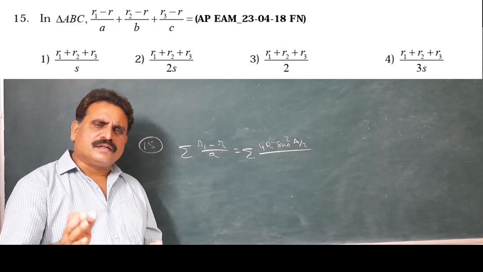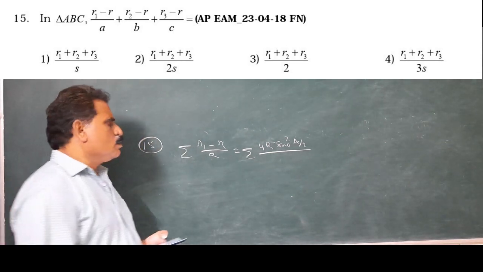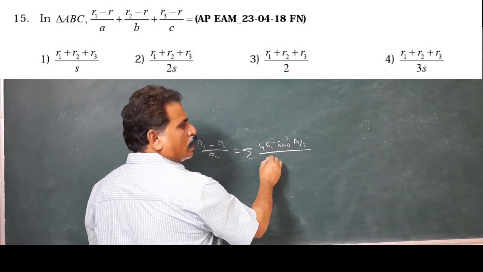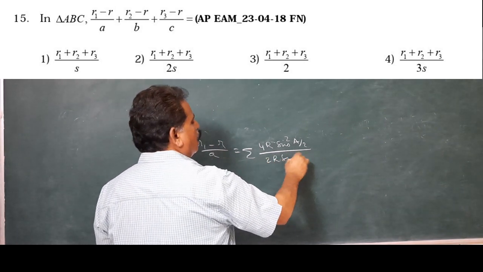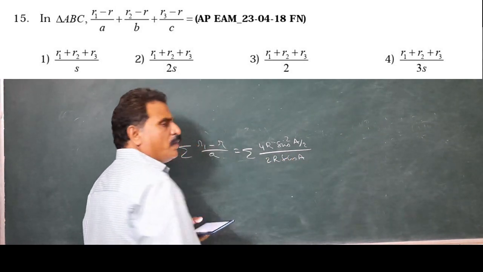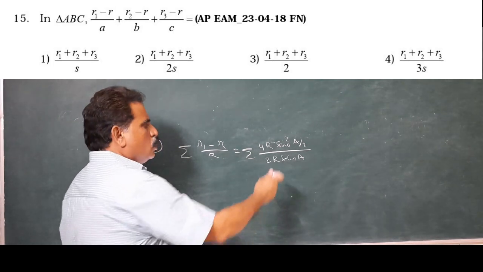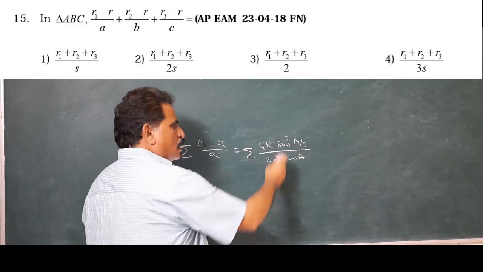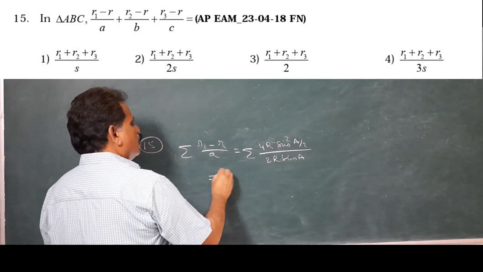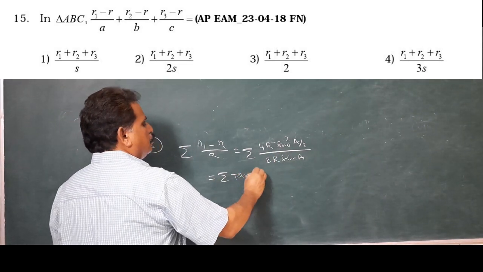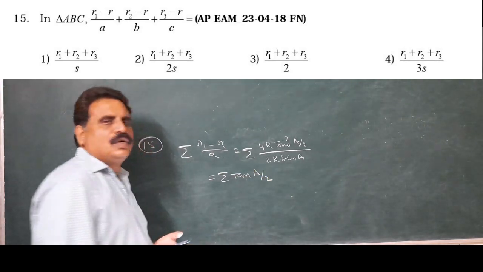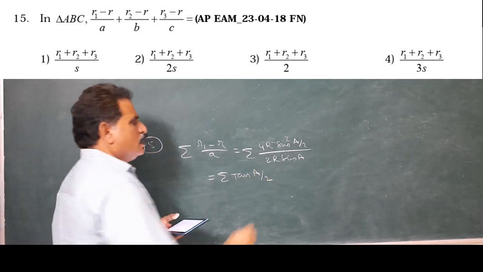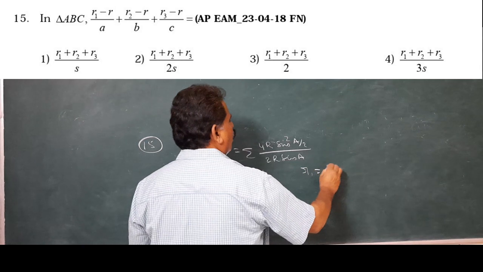It is the standard result. We can easily prove that. Small a equal to 2R sin A. Write down the sin A half angle formula, that is 2 sin A by 2 cos A by 2. 4R cancel, sin A by 2 cancel, we get sigma tan A by 2. But r1 equal to s tan A by 2, we have a formula.